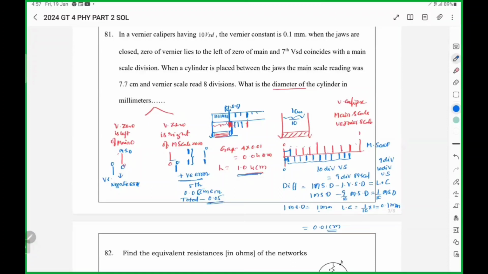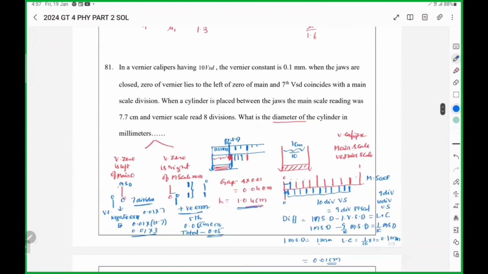In case a negative error is there, suppose the seventh division is coinciding, when the jaws are kept closed and vernier is left side of main. Then you don't take 0.01 into 7. Take it as 0.01 into 10 minus 7, that is 0.01 into 3. For positive error you subtract, for negative error you have to add it. This is the procedure. Now let us discuss this.